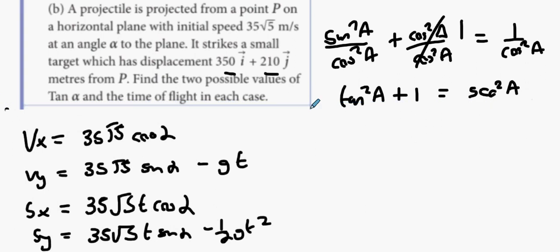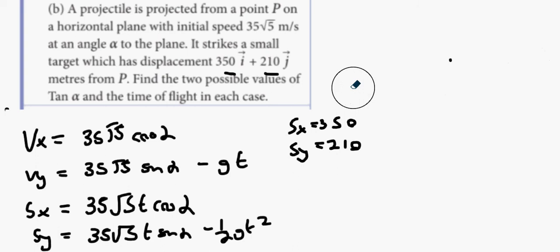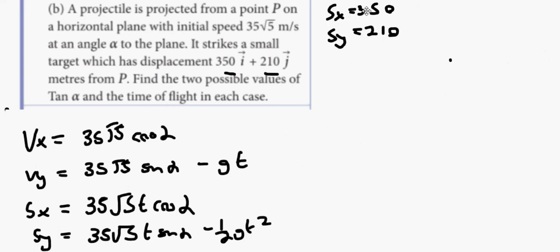Now, right, that's that part done there. So, Sx equals 350. At the same time, Sy equals 210. Those 2 times are identical. The easier equation is Sx, so I would work with Sx first and Sy second. So I'm going to get my Sx equation here, and that's going to equal 350. Then what I'm going to do next is isolate the t value.